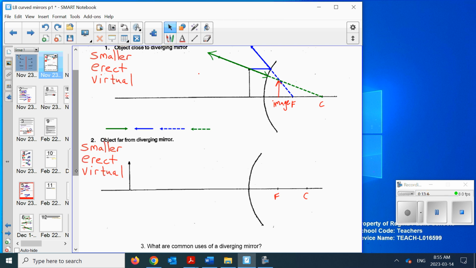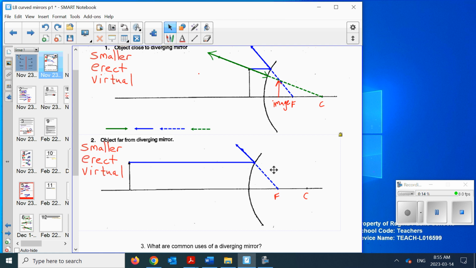The exact same rules. So first I'll start with parallel to the principal axis. Going to go through the virtual focal point. All right. And I'll shade in the side on the real side of the mirror. There we go.